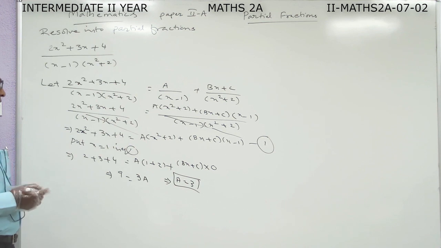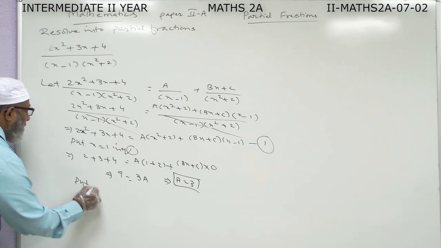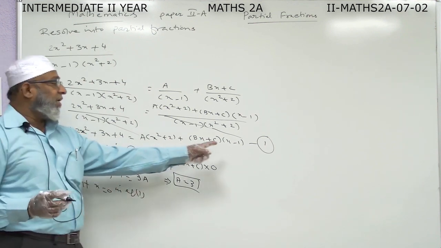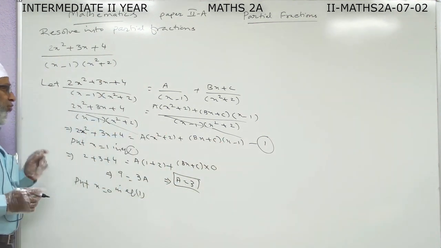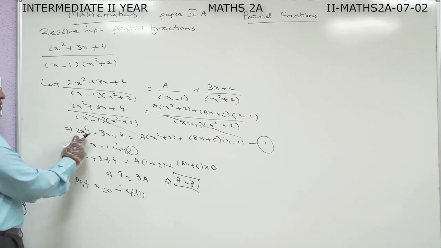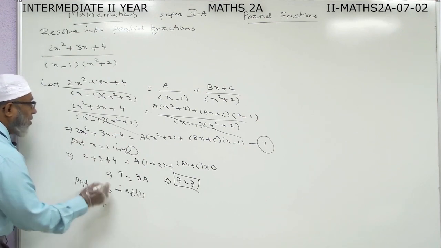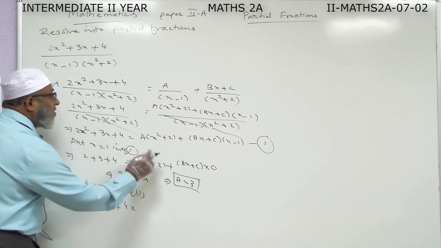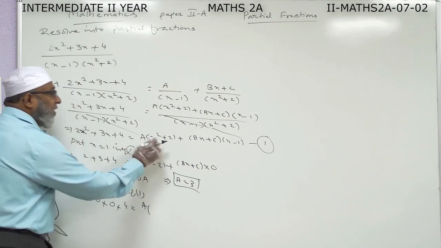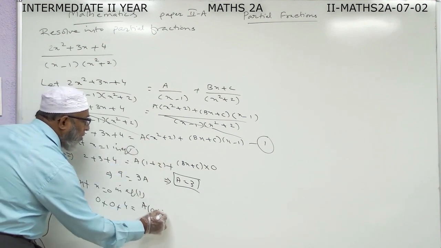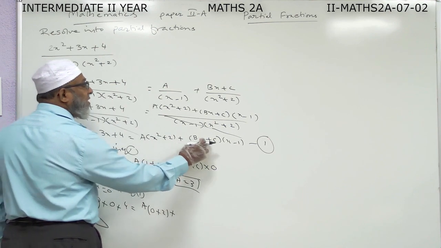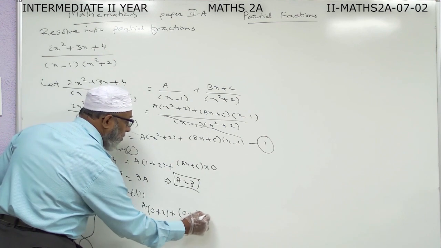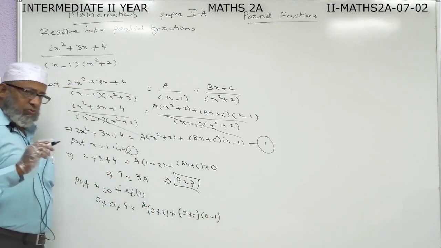So, I got one value. Now, again, put x equal to 0 in equation 1. Suppose, again, in this equation 1, I am substituting x equal to 0. See what happens. Put x equal to 0. This part will be 0, so this 4 remains as it is, equal to a into (0 plus 2) plus (b into 0 plus c) into (0 minus 1).